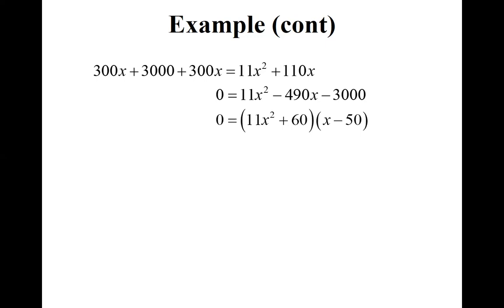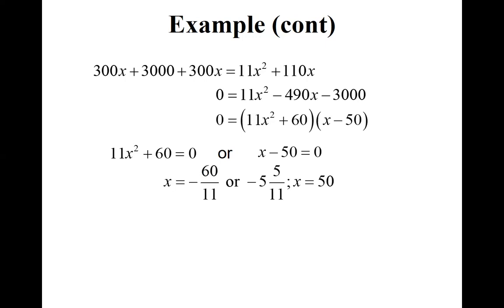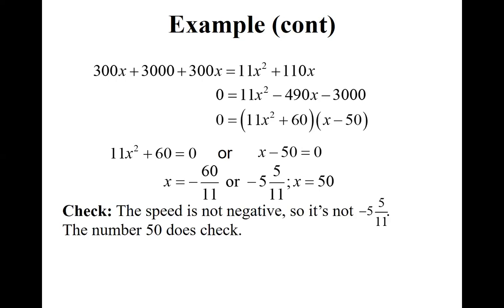This does factor, but there is absolutely no way that I'd expect you to factor it. This is what the quadratic formula is made for. But you'll get the same answers. The speed's not negative, so it's not our negative 5 5/11, but the number 50 does check.